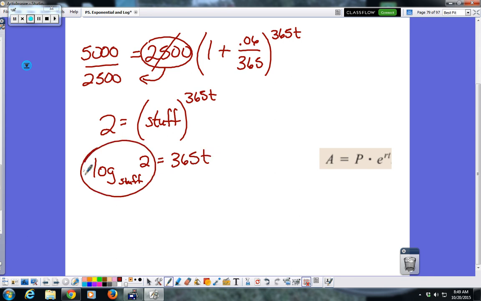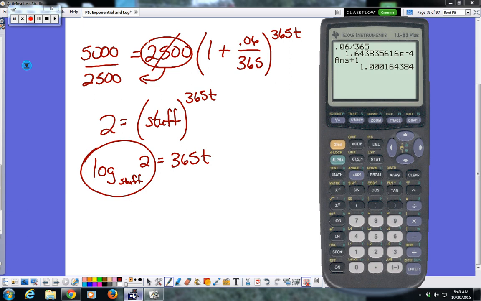Now, how do you type this into your calculator? That's your change of base formula. That's log 2 divided by log stuff. If you'd like to, instead of stuff, now have I showed you how to store into these calculators? Have we done that? Watch this. You have an STO button, if I haven't already showed this to you. Since I want to use the exact answer here because it's so precise, it's so necessary that you have as many decimals as possible.